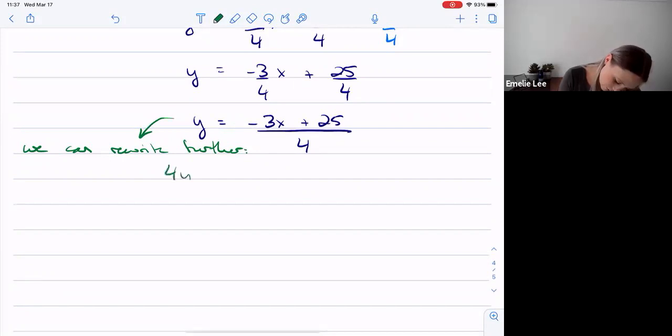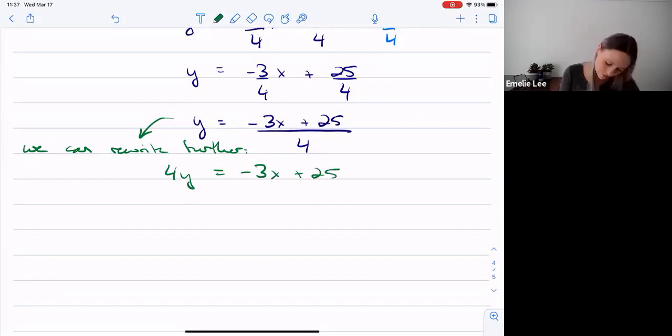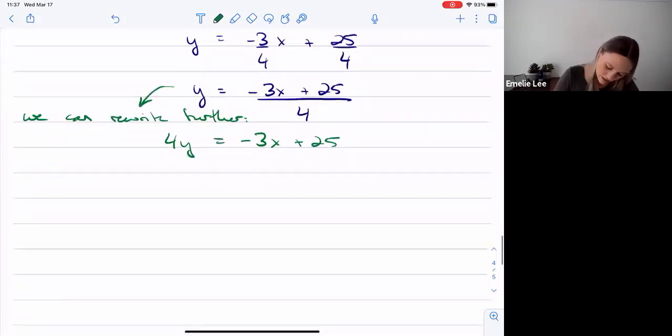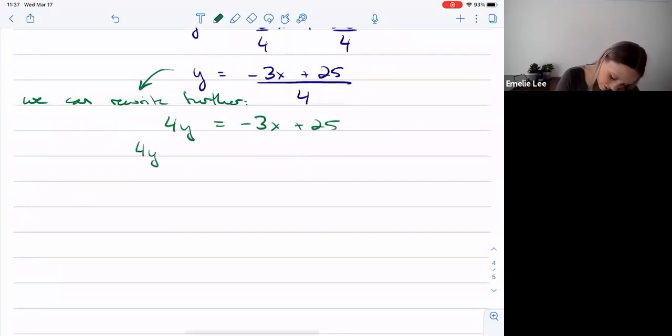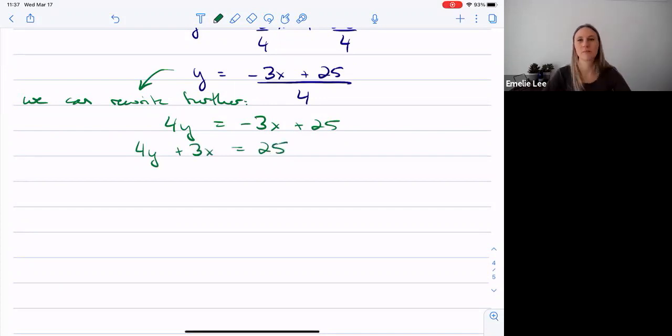So then we have 4y equals -3x plus 25. And if we wanted to make it match the original equation, I could add 3x to both sides. So then I have 4y plus 3x equals 25. We can morph this thing all day.